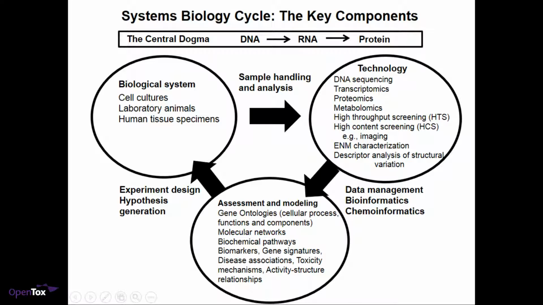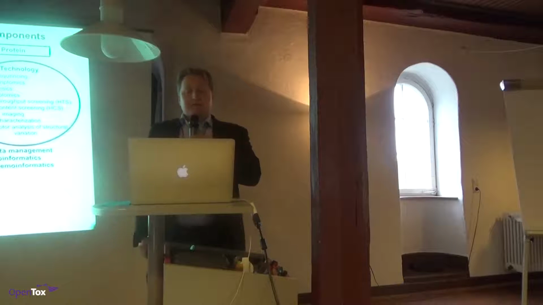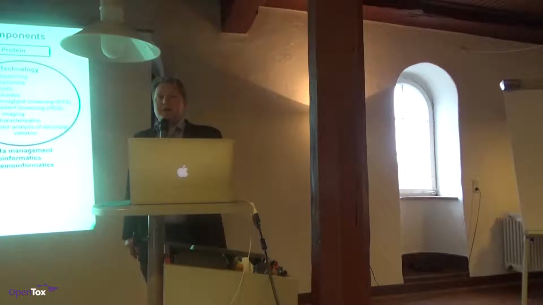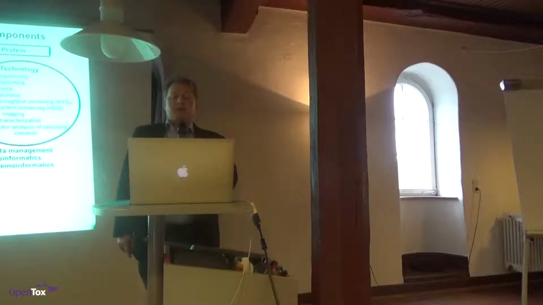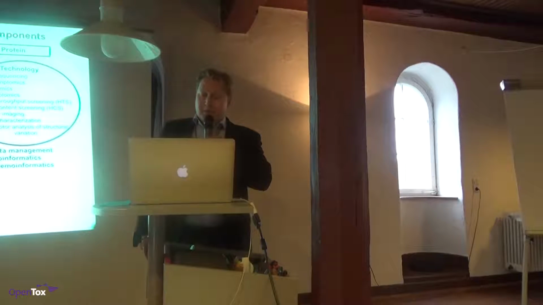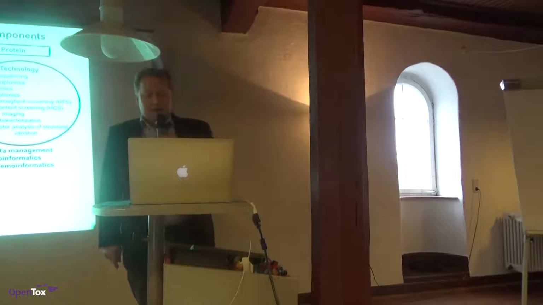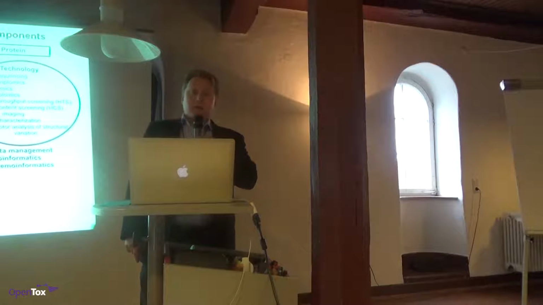The main difference is that because of high throughput and high dimensional technologies, you're able to test many more hypotheses at the same time. This leads to issues with data management, with multiple testing, and I'll be talking a little bit about that, related to bioinformatics and chemoinformatics, which was discussed in the previous session.